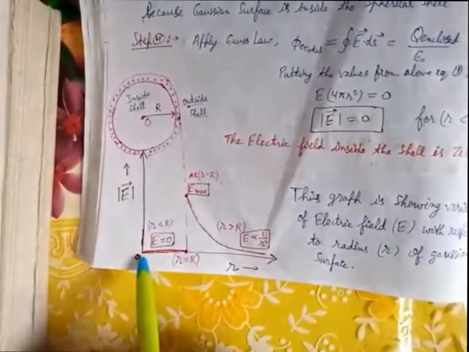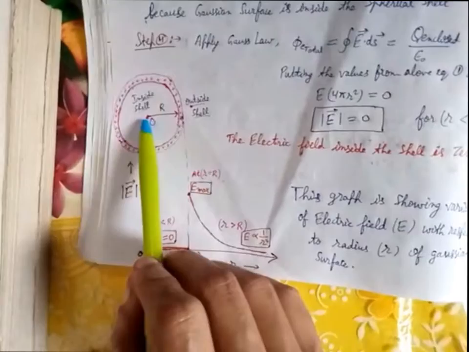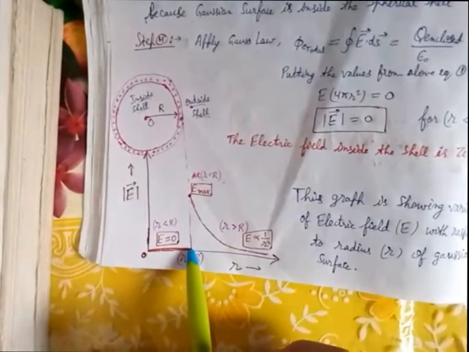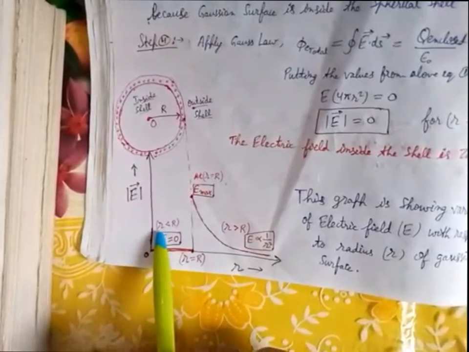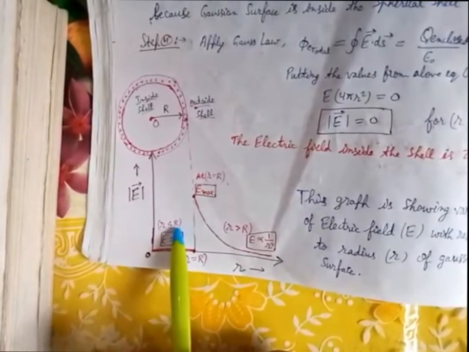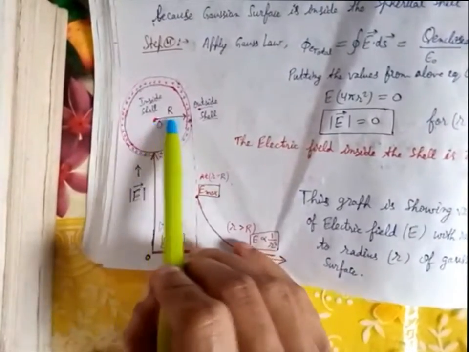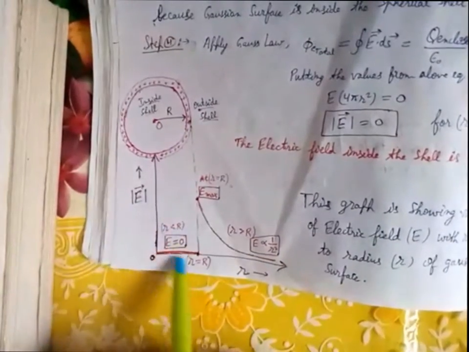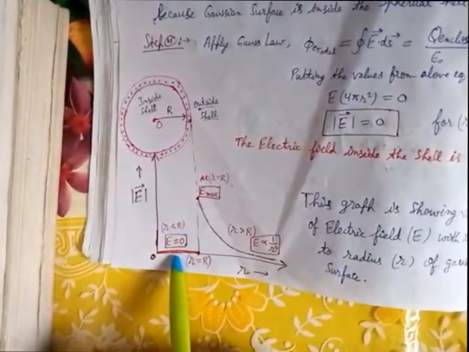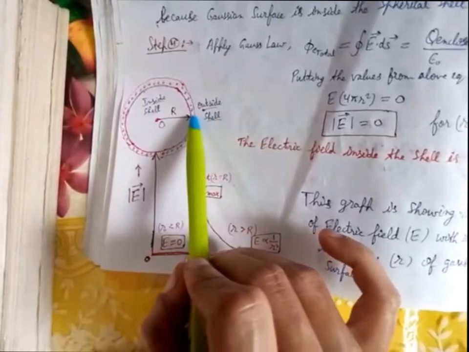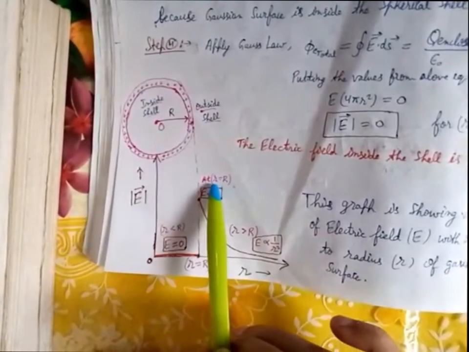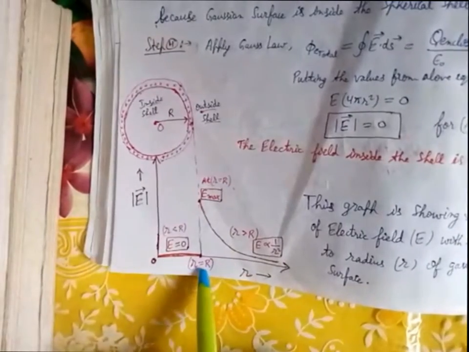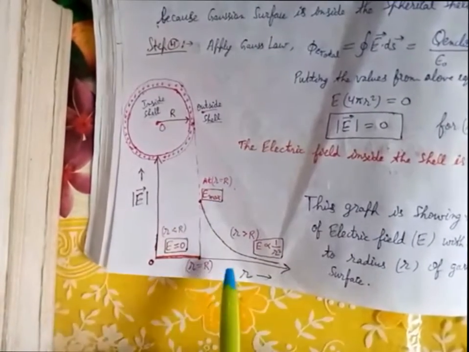Now this from center to capital R, it means there are 3 regions. One is small r less than capital R. It means inside the shell the electric field will be 0. At the surface of the shell the electric field will be maximum, that is at small r is equals to capital R, the electric field will be maximum.